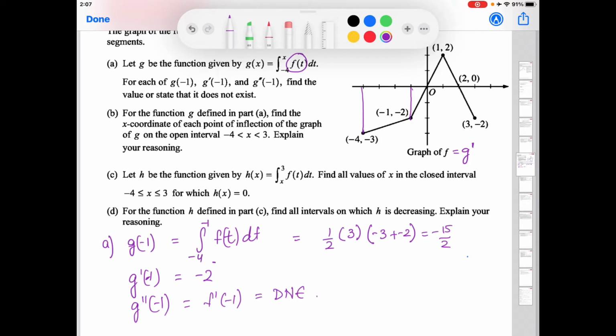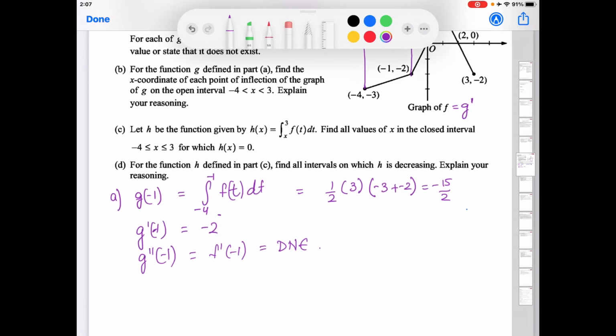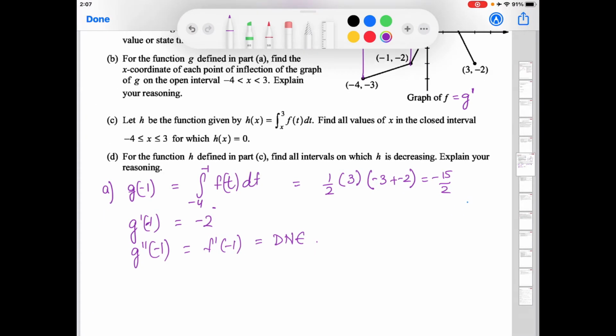Part B. For the function g defined in part A, find the x-coordinate of each point of inflection of the graph of g on the open interval for x between -4 and 3 and explain your reasoning. By definition, when do we have a point of inflection?